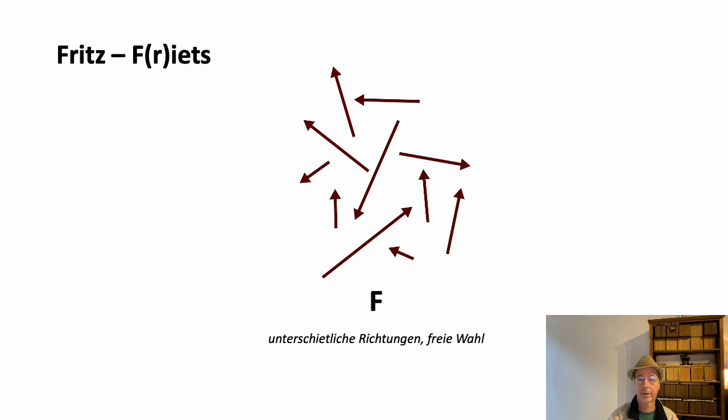I already said in the video, it's very positive that this name of Fritz starts with an F, because it gives him the freedom to go in a direction. It's up to him, and he also is born somewhere with a starting point that is not just completely random, but he is not bound by this date or by this starting point. It is a starting point of freedom a little bit. It gives him some freedom.